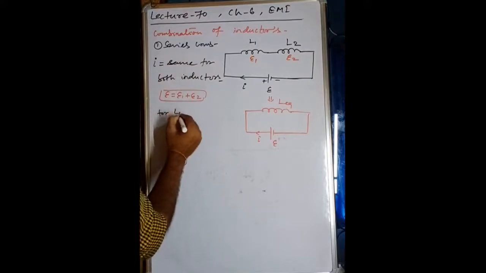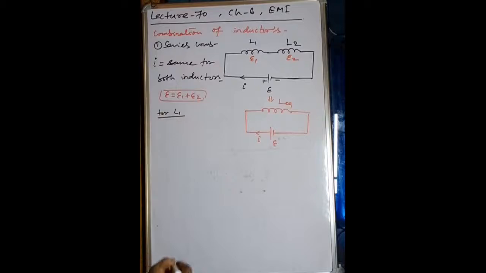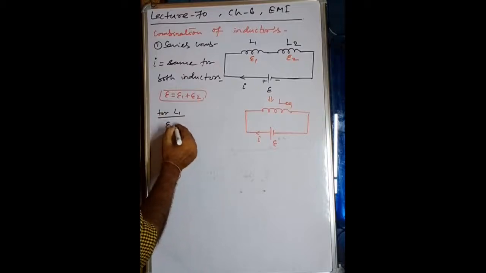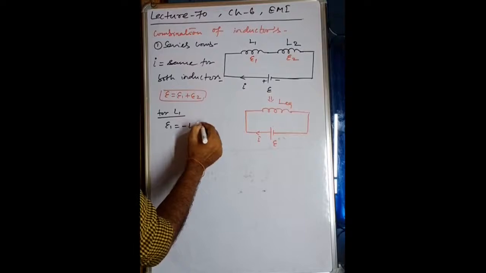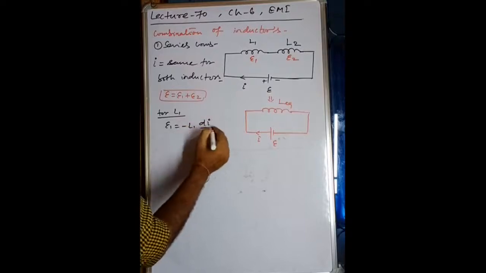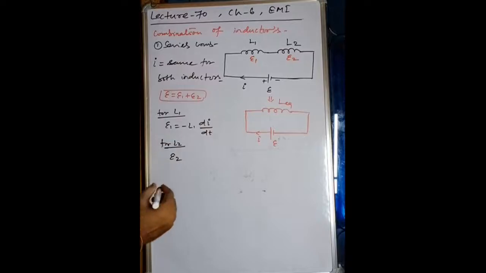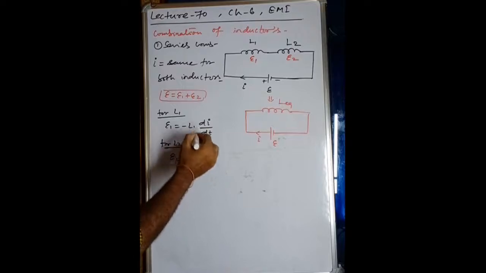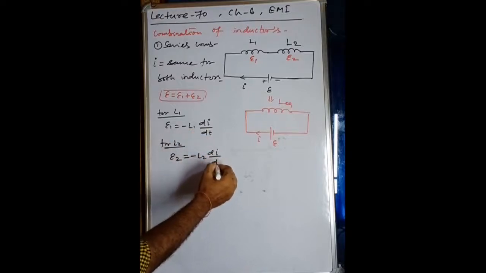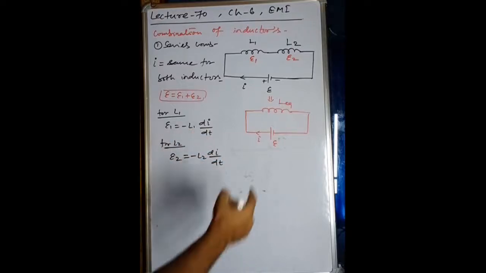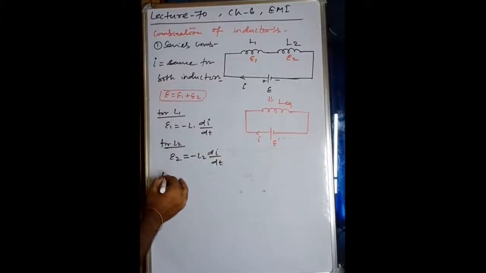For L1 we can write E1 is equal to minus L1 di by dt, and for L2 we can write E2 is equal to minus L2 di by dt, and for this inductor L equivalent, what can we write?